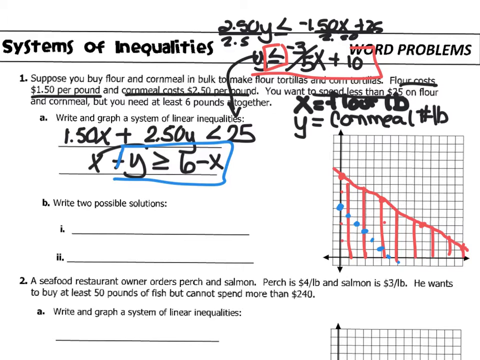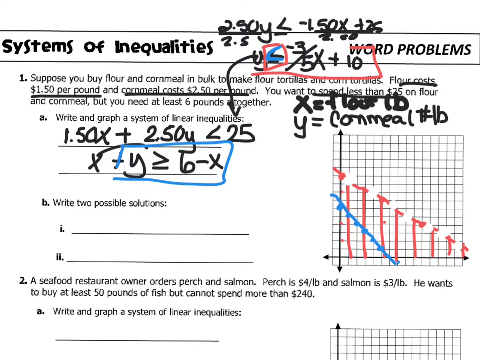You know what? This should have been just less than, and that should have been a dashed line. There, dashed, that's better.